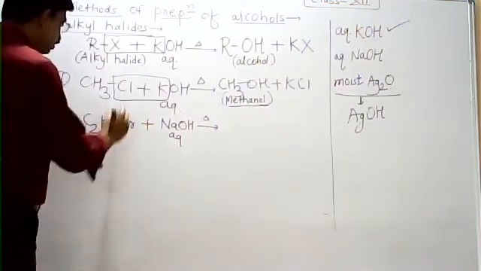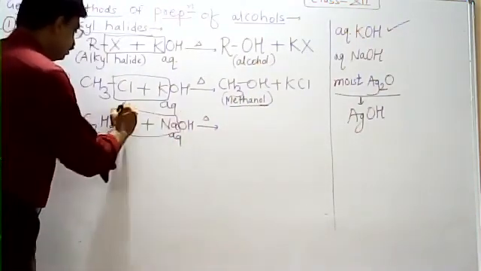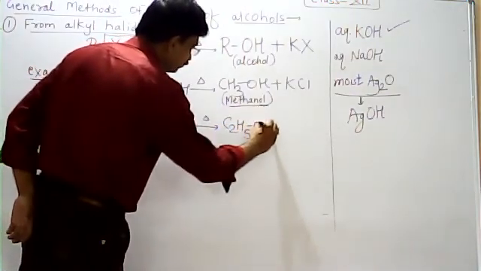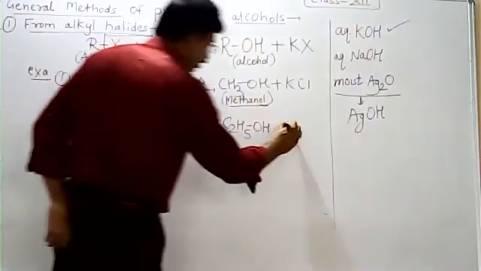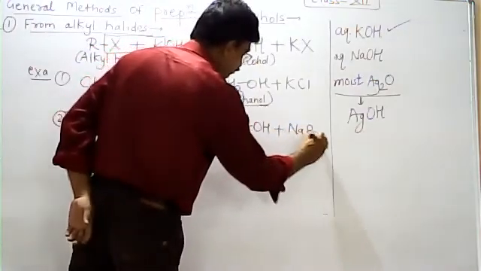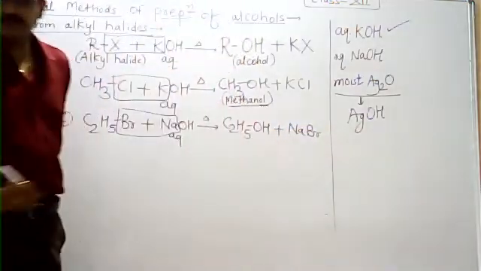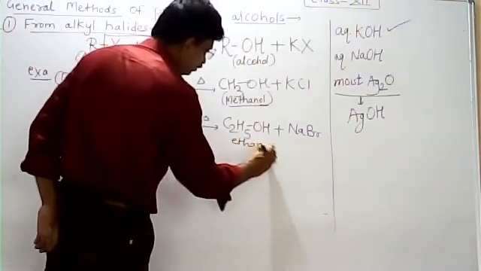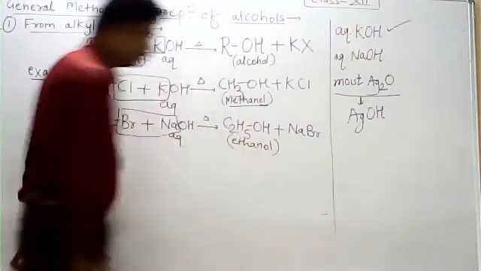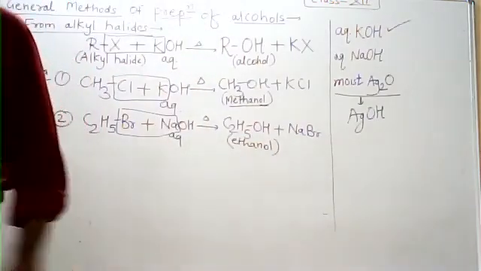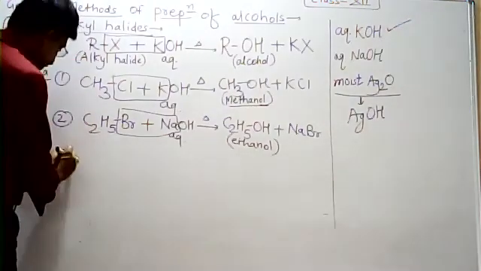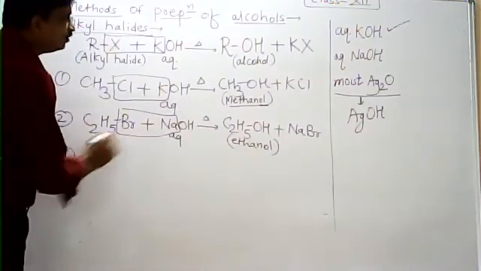It gives again C2H5OH plus NaBr, sodium bromide. So it gives ethyl alcohol, or IUPAC name is ethanol. This is called ethanol, or ethyl alcohol. हे आपल्याला मिळते.